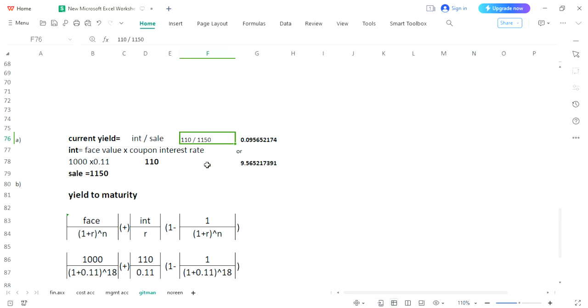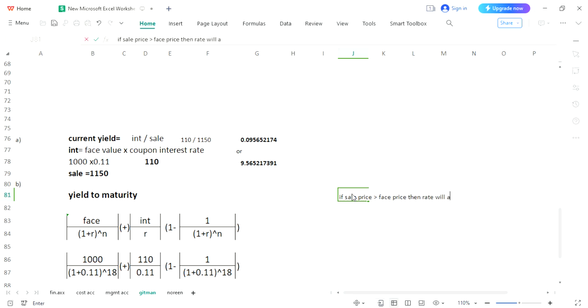So in the third part, which is theoretical, what you will mention is this; I will write it. If sale price is more than face price, then the rate will always be less than the coupon rate.